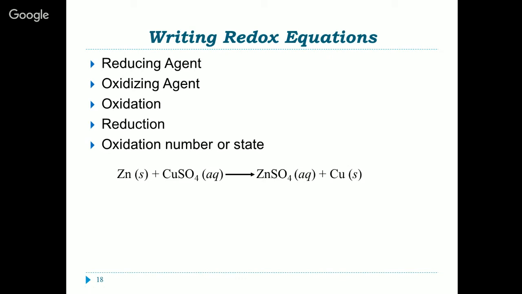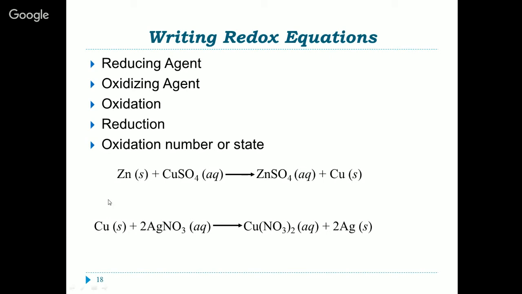That means zinc has a +2 charge. And then copper, once again, I see a standalone metal, so it is a charge of 0. So when I look at this then, I have 0, +2, +2, 0. Copper went from a +2 to a 0, so it is reduced. Zinc went from a 0 to a +2, so it is oxidized.